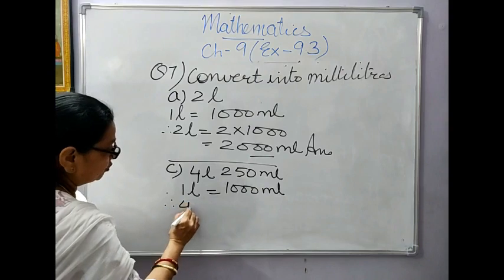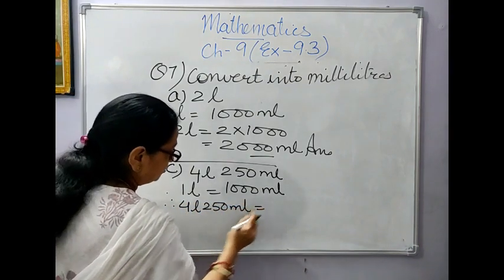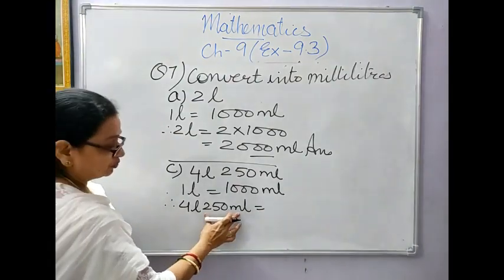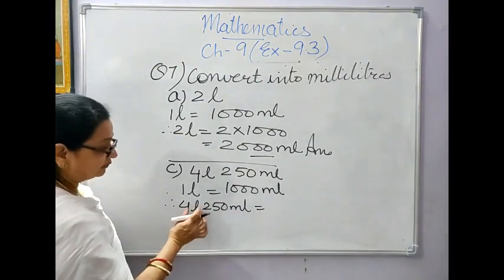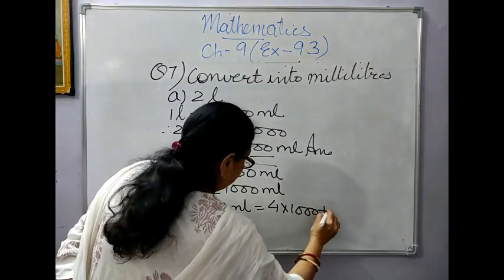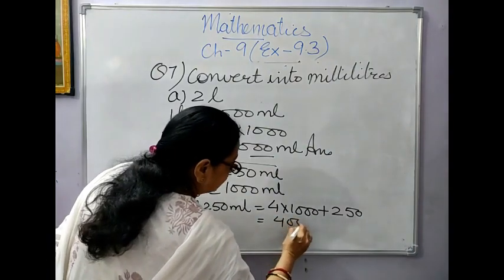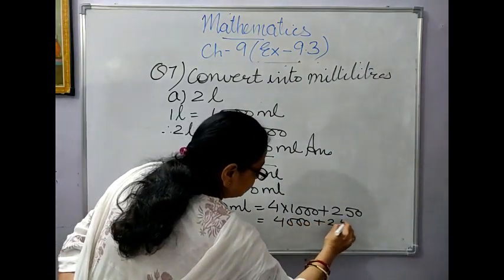Therefore, 4 liter 250 milliliter will be equal to, this is already in milliliter, so we will write down as such. We will only convert this 4 into 1000 plus 250. It will be 4000 plus 250.